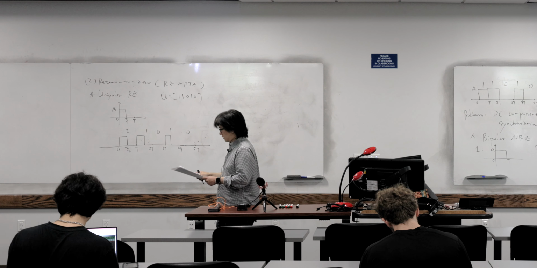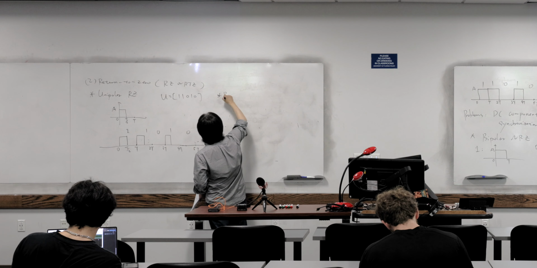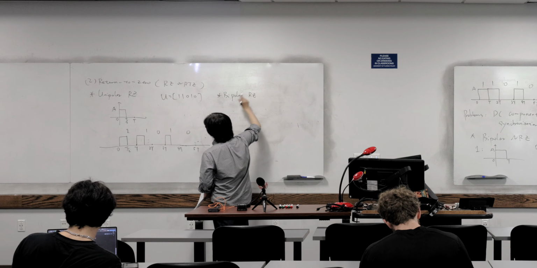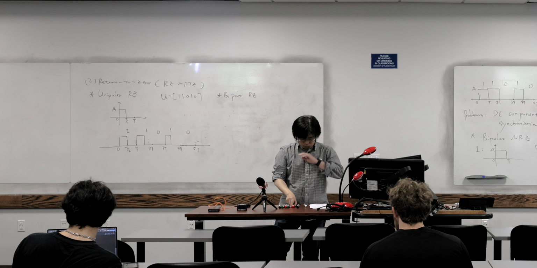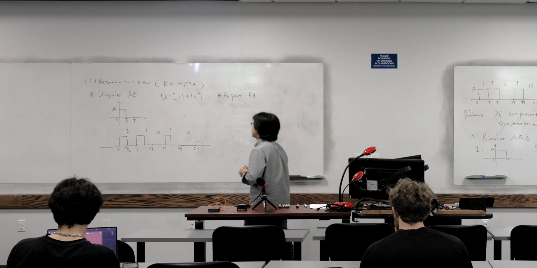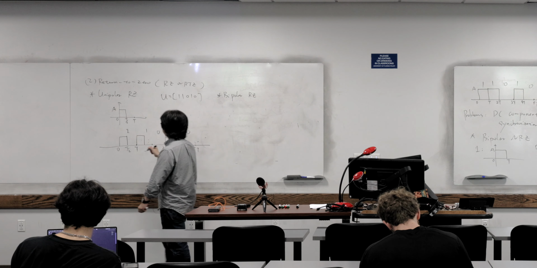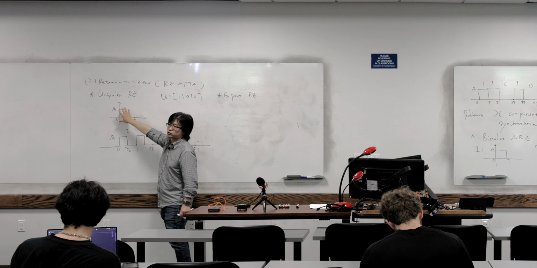And similarly, we have bipolar RZ. Again, the only difference is here: the magnitude is A, and we're going to use the negation of it to transmit a 0.